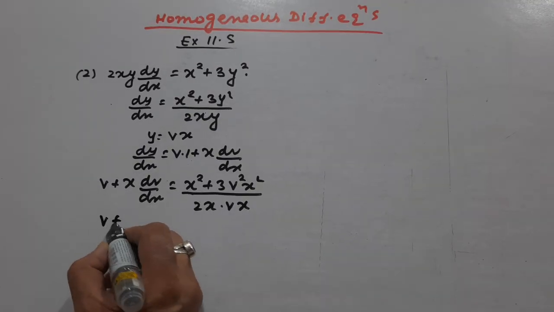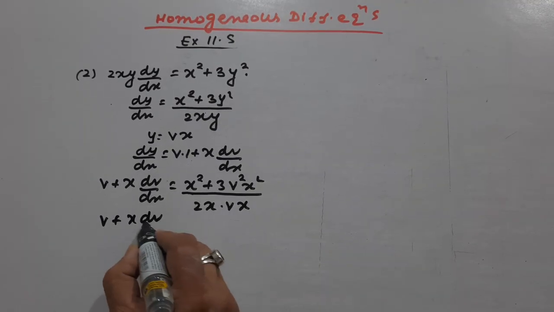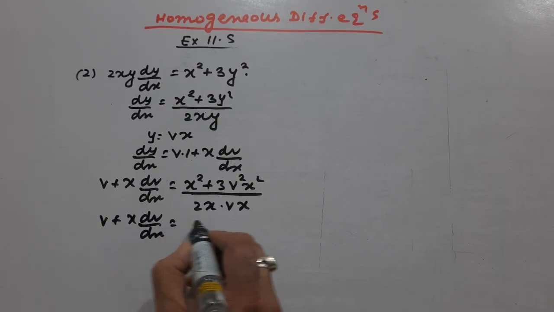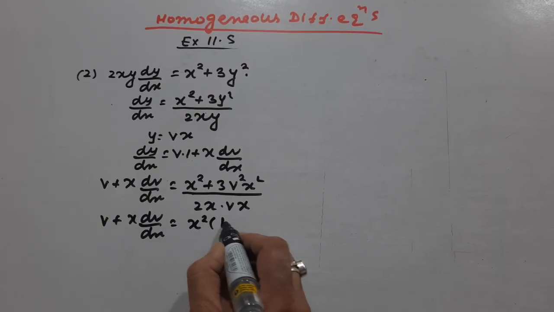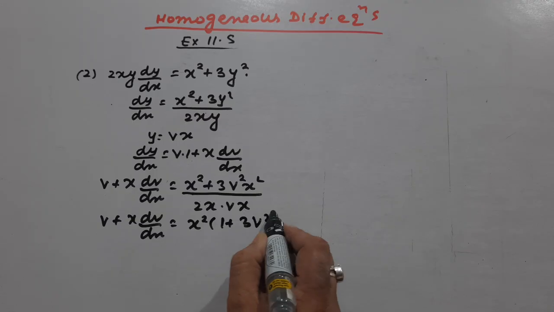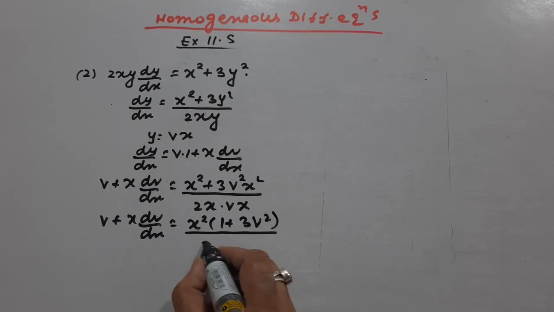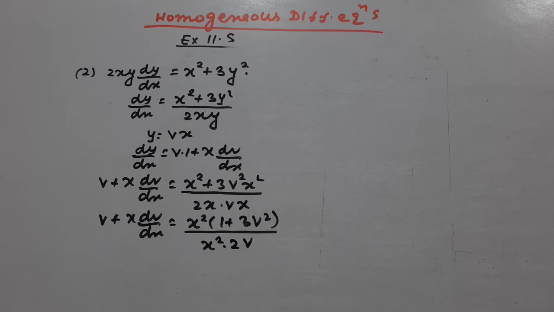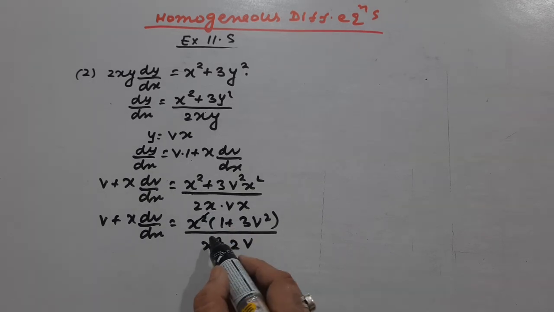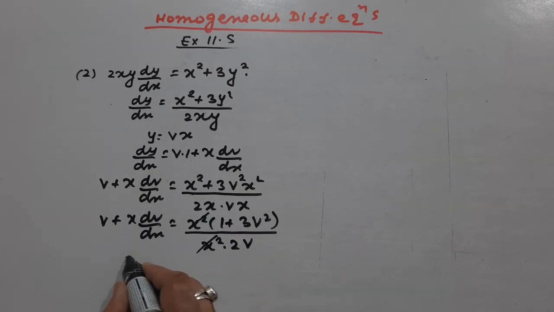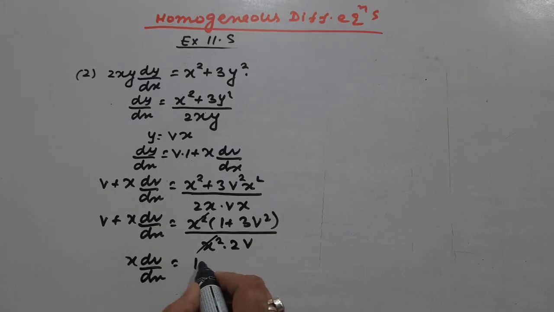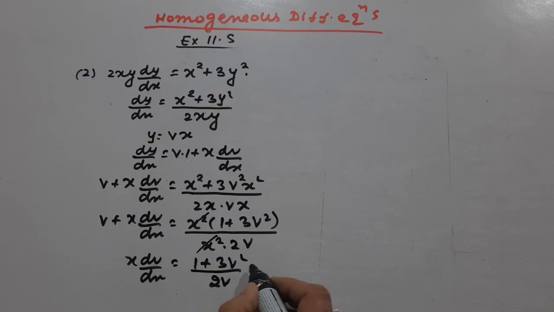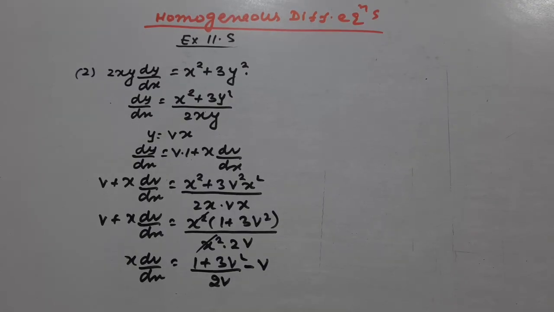So we get v plus x dv upon dx equals x square is common, so 1 plus 3v square, x square into 2v, like this, cancelling x square with x square. So we get x dv upon dx equal to (1 plus 3v square) upon 2v minus v, right?